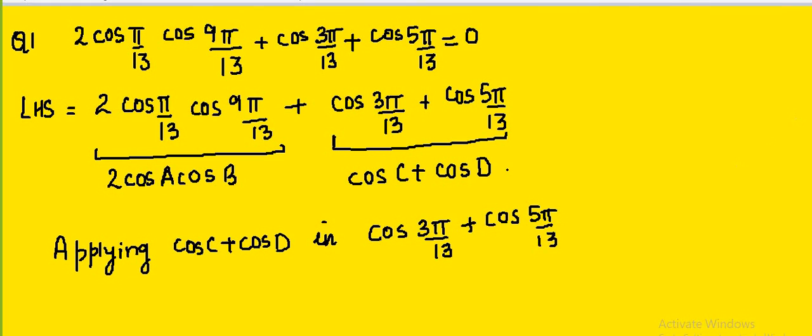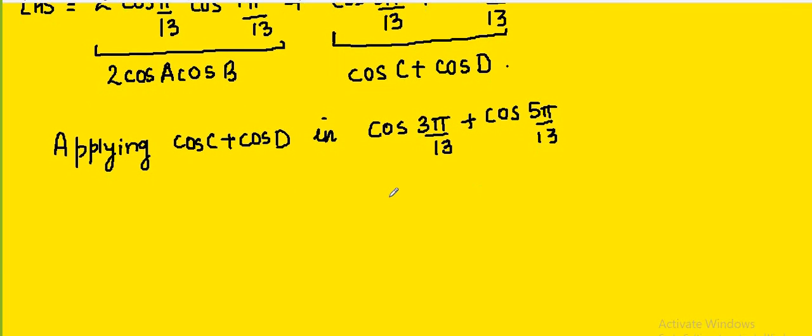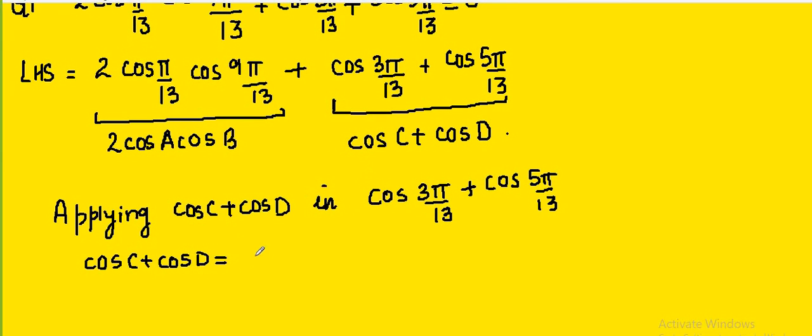We know that the formula for cos C plus cos D is 2 cos (C plus D) by 2 cos (C minus D) by 2. Here 3 pi by 13 is playing the role of C and 5 pi by 13 is playing the role of D.